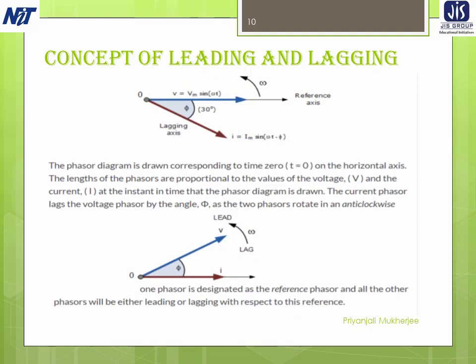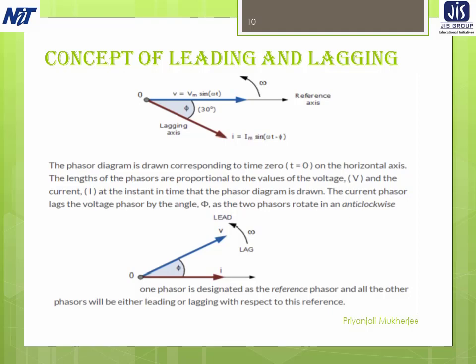So here we can see the concept of leading and lagging. The phasor diagram is drawn corresponding to t equal to 0 on the horizontal axis, and here we have taken V as the reference axis, so it has been expressed as V max sine omega t.